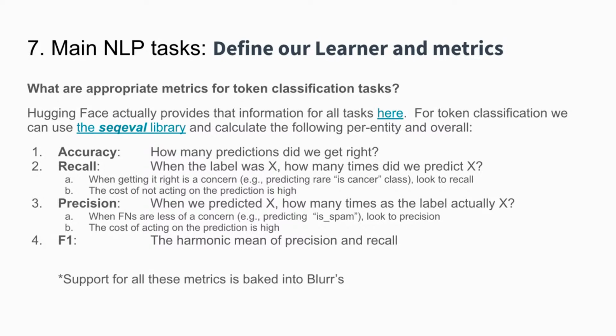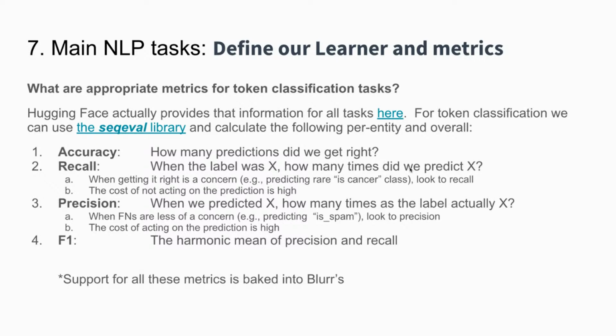So if we were trying to predict something like is cancer, or imagine in token classification, there's an example I saw where they are actually labeling the names of drugs. And let's say that was really key because you were going to use the drugs identified for some downstream task. Well, recall would be a great metric to make sure you're having the is drug label assigned correctly.